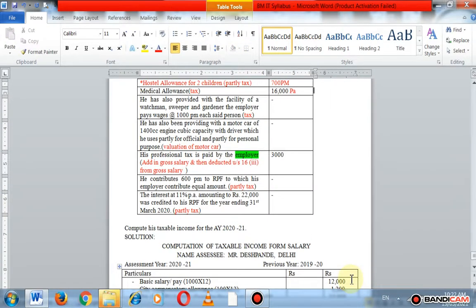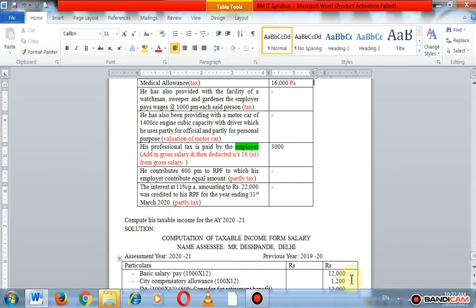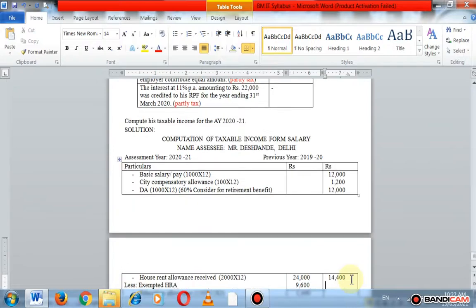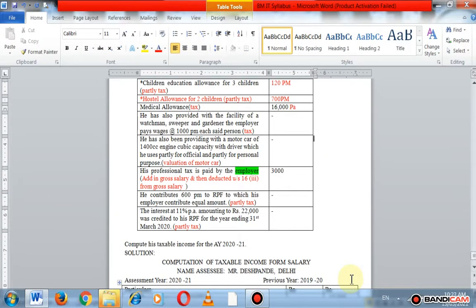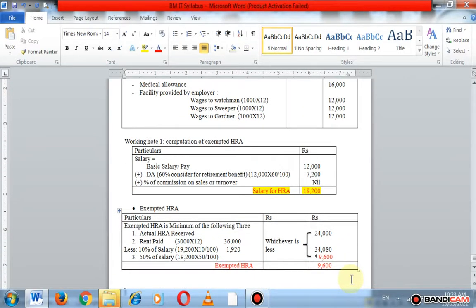Then next, motor car. Valuation of the motor car is very important. Then working note number two, valuation of the motor car facility.